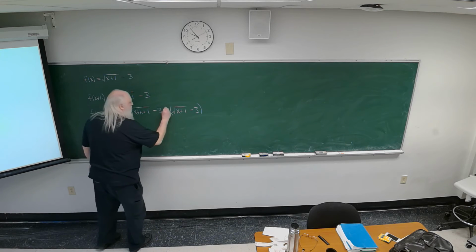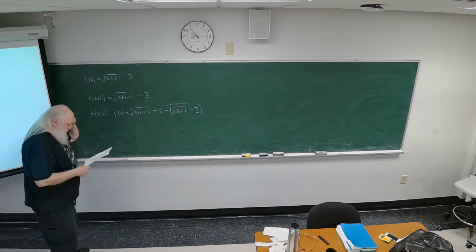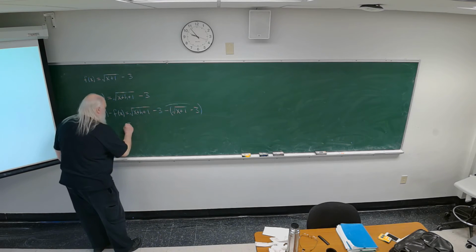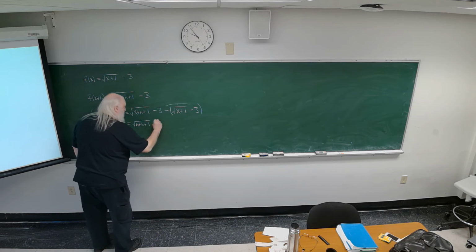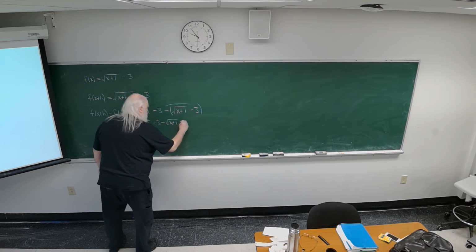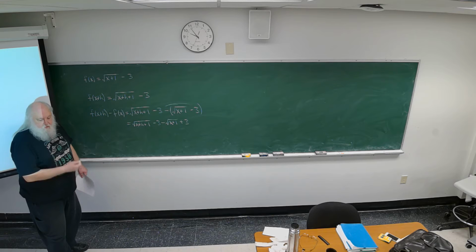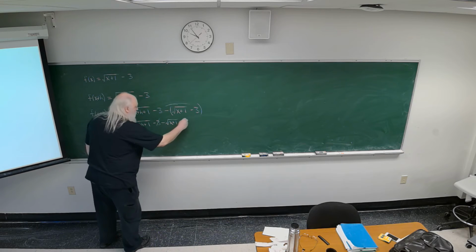Now when you distribute the minus sign inside the parentheses, you have the square root of x plus h plus 1 minus 3 minus the square root of x plus 1 plus 3. Minus 3 plus 3 cancel.